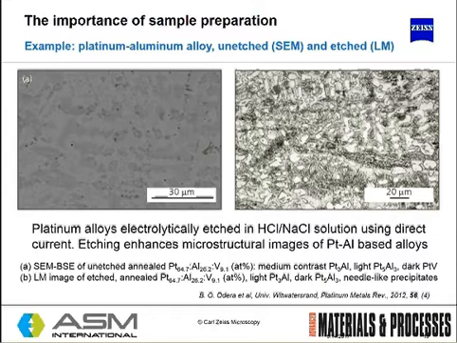So etching and the cutting, grinding and polishing stages are critical in revealing this microstructure within the alloys for inspection through microscopy. So in this case, these platinum alloys were electrolytically etched in a solution of hydrochloric acid with sodium chloride using a direct current. And that etching enhances the microstructural images of these platinum aluminum-based alloys.